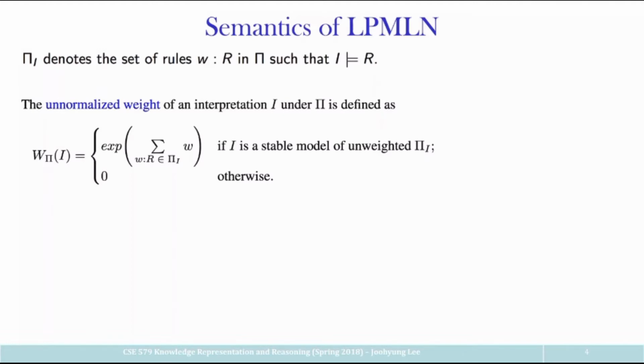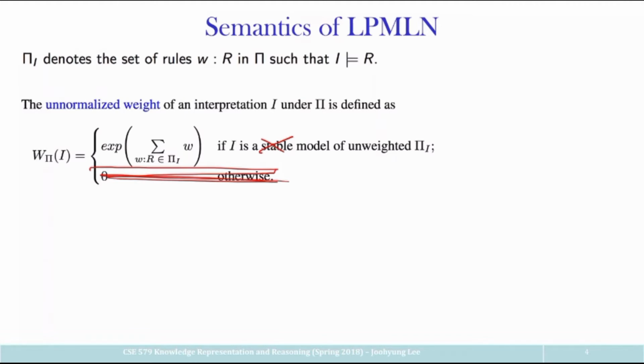Okay. So if you forget about the stable model requirement, and you say that I is just a model of the unweighted subset, then this case does not arise. So this definition reduces to the Markov logic definition.